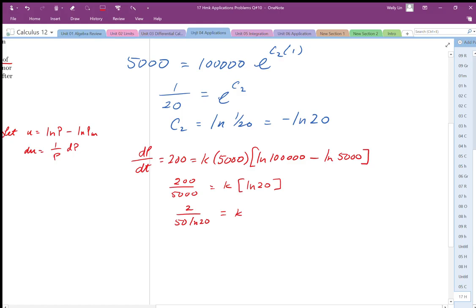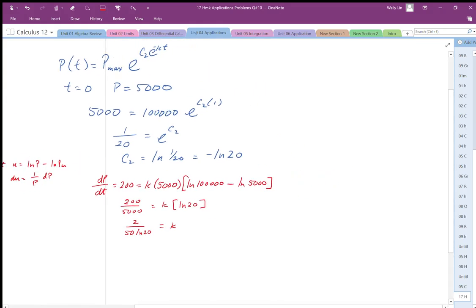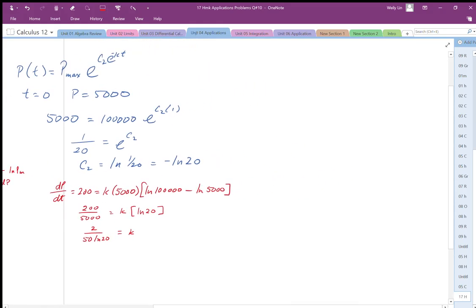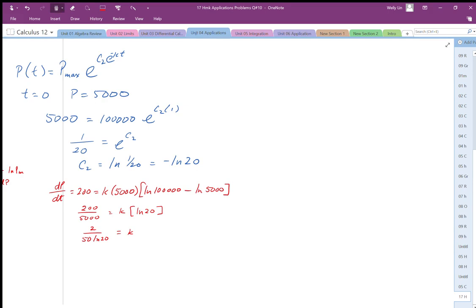Now if you want, you can convert that to a decimal, but I'm going to just keep it in that form and put it into my equation. So my general equation now looks like this. Or sorry, my specific equation.